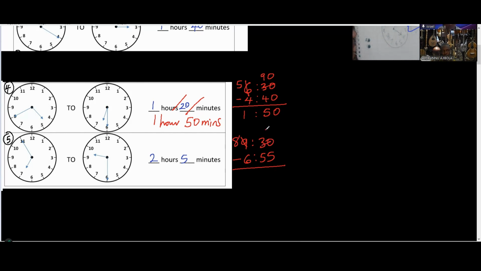Then the 1 is 90. 90 minus 55, that's 35 minutes. And 8 minus 6 is 2. So it's 2 hours, 35 minutes. Is that clear?